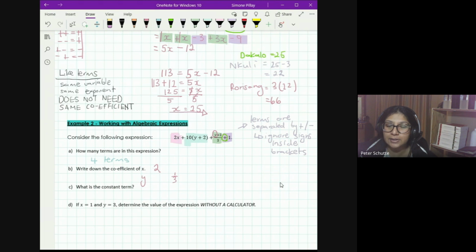Can you please put some reactions in the chat or use the actual reactions button to let me know that you understand why my coefficient of y in that case was 1 over 3. Okay, lots of thumbs ups that I'm seeing. I saw a thinky face. Who was unsure? Anybody?